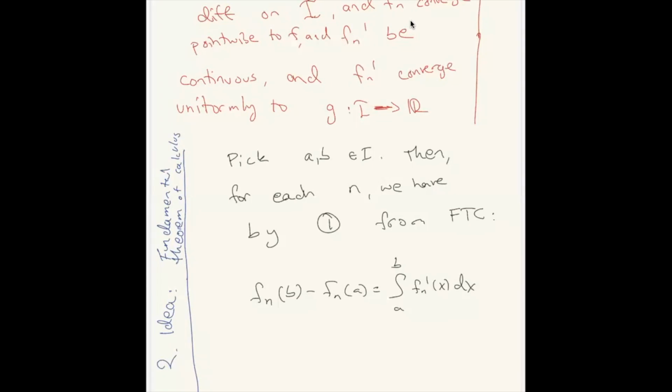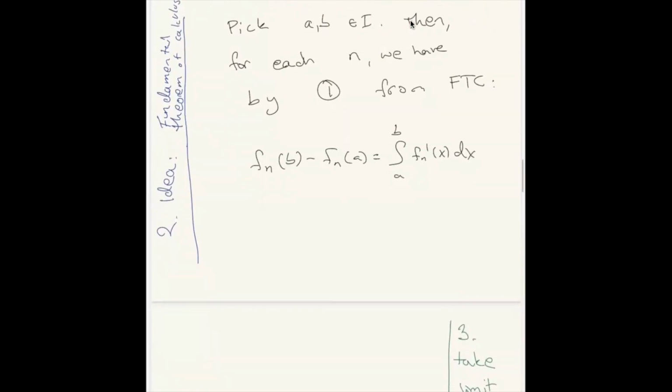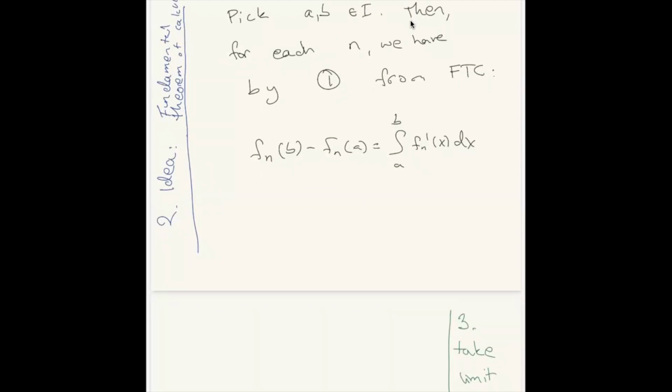And the idea next is, this is now true for all points a, b, and all n. We take the limit on both sides. So let n go to infinity. Now, what happens? Well, for every a, b in the interval, what does the left-hand side converge to?